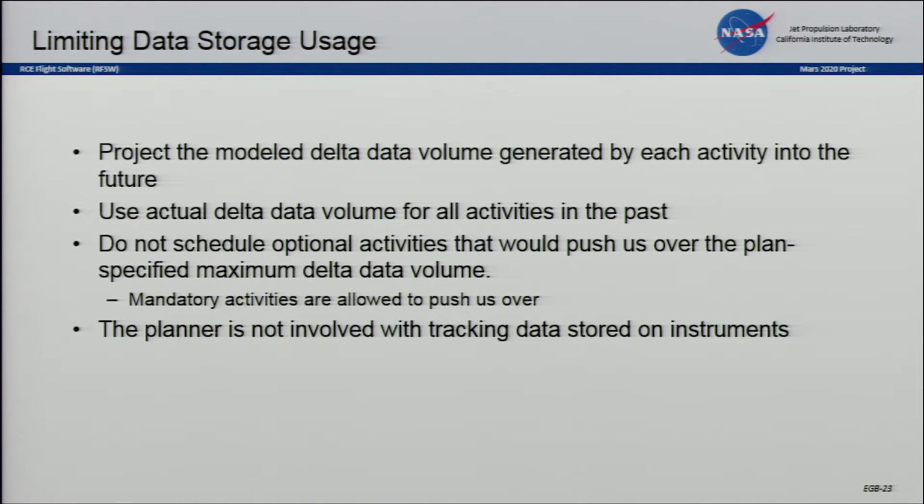We're going to be less conservative on the mandatory activities. Mandatory ones are those that the ground intent really wants to run, so we're going to let them go over the data limit. That's okay. Optional activities, the nice to have activities, we're not even going to bother scheduling if they would violate the data storage limit. And this is all limits on our flight computer. We're not talking about data stored on the instrument. That's outside of our scope.